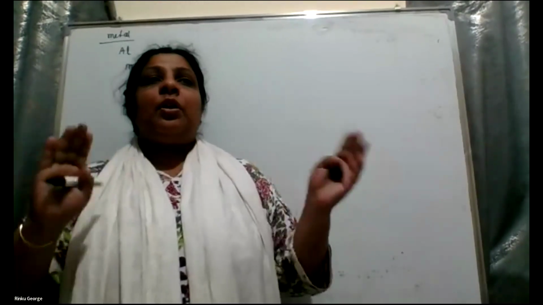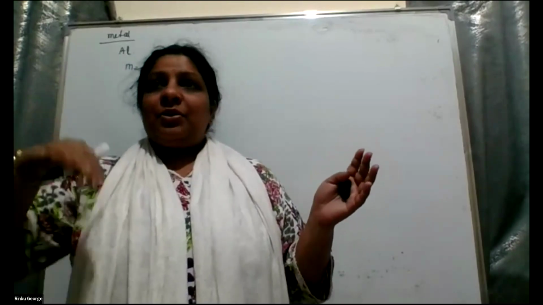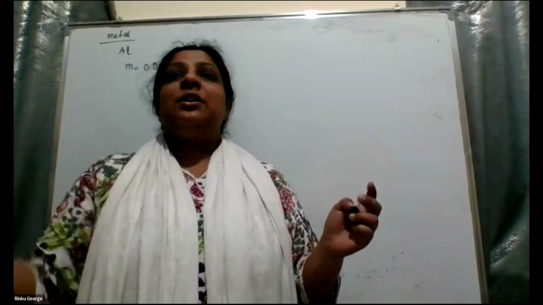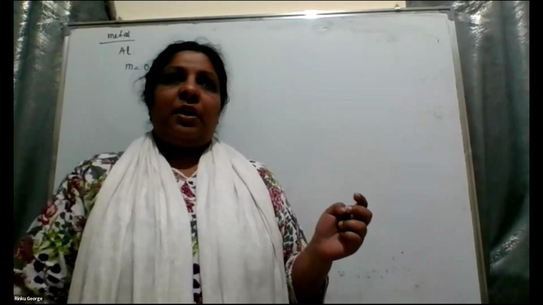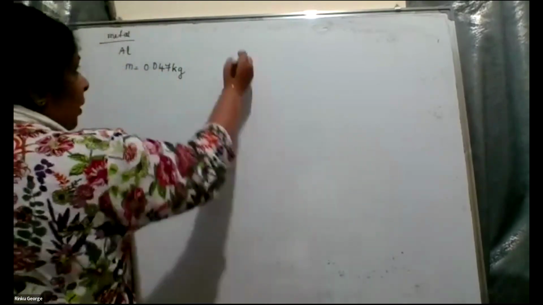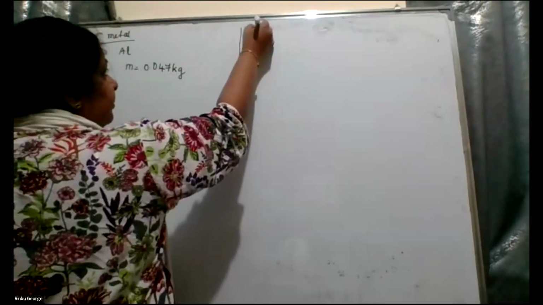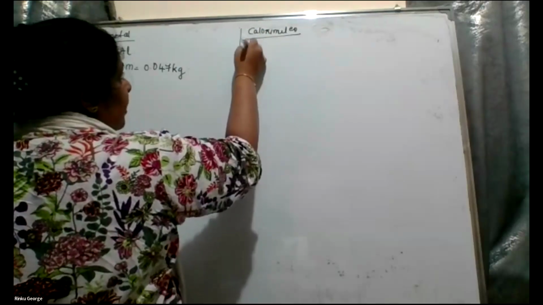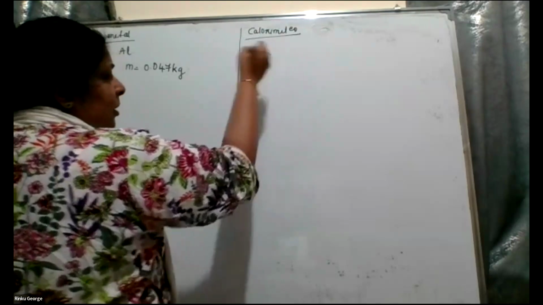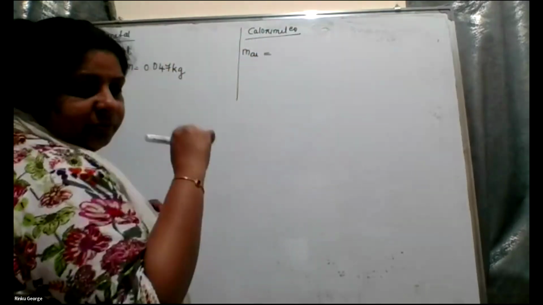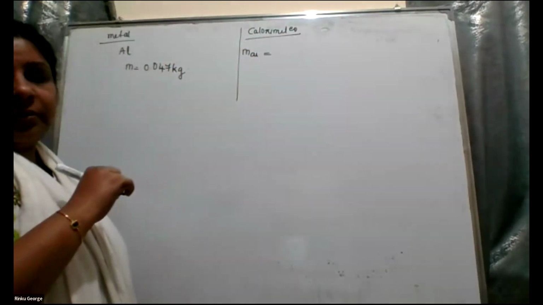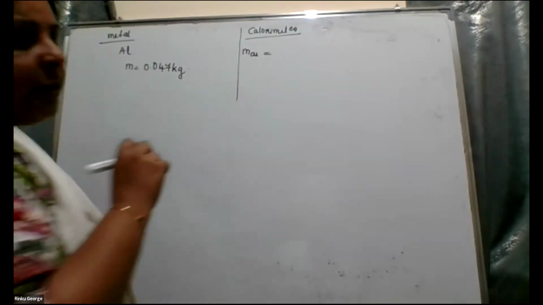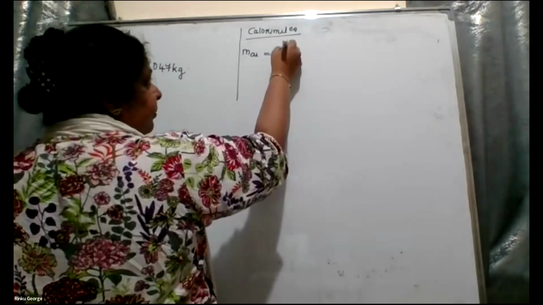So here copper and water you have to take separately, because the copper mass is not given as equivalent to water. Mass of copper is 0.14 kg, right?